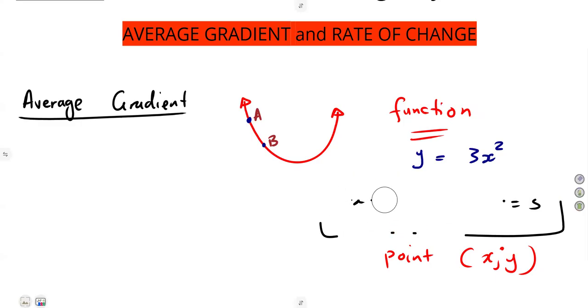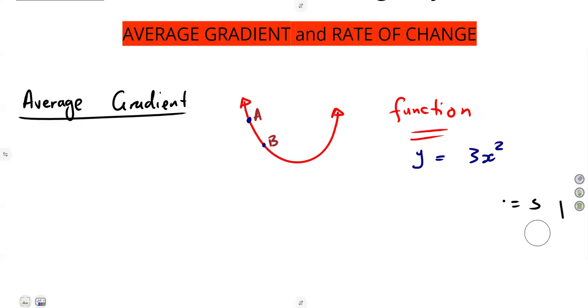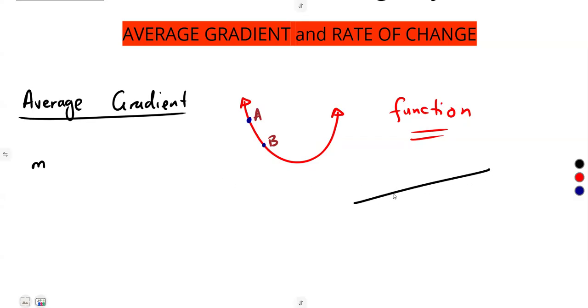So I'm not going to waste your time. Like I said, let me quickly go back to what we do understand. Remember before, we said the gradient of any given function, a linear function or whatever you're given, is taken from M, which is actually from a straight line. When it is on a curve, that will be a tangent to the given curve.